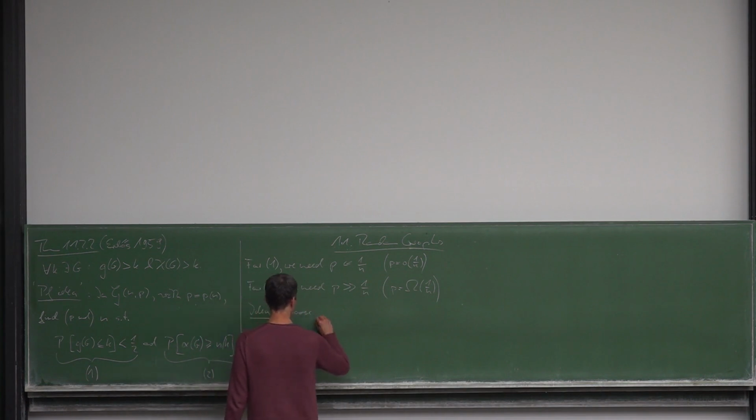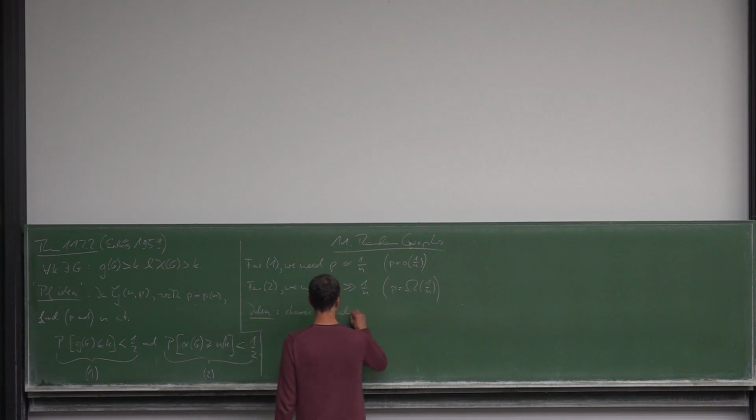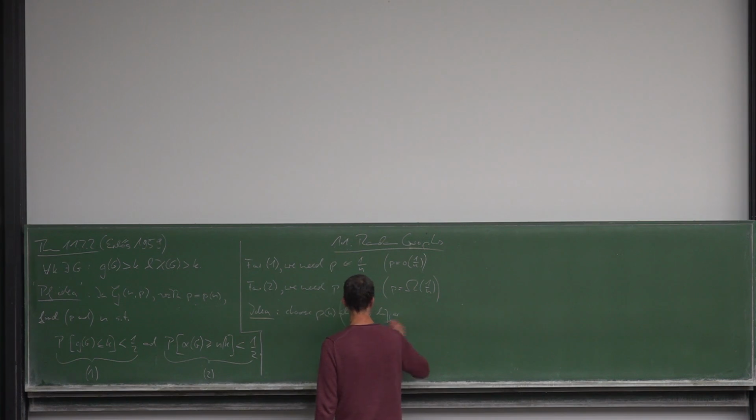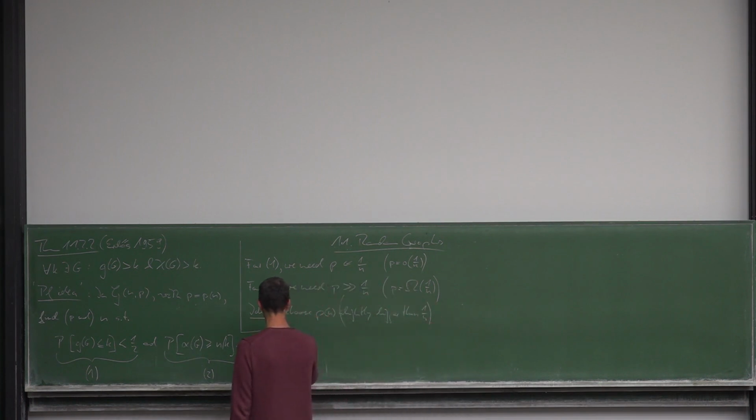Okay, so idea, choose P of n slightly bigger than 1 over n, so that we don't have too many short cycles.